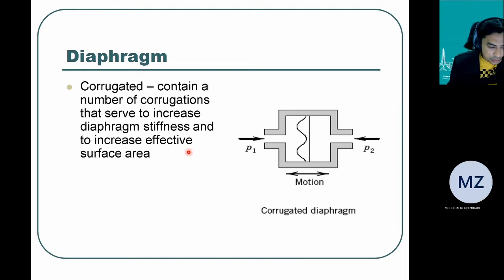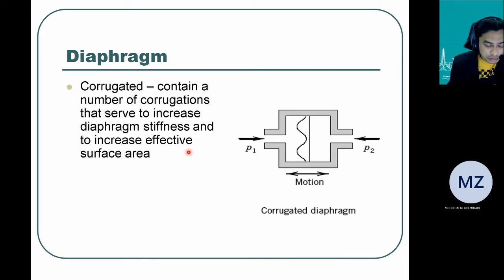So this is one example where the diaphragm is a corrugated diaphragm. It contains a number of corrugations. Its function is to increase the diaphragm stiffness and also to increase the effective surface area. So it might be more sensitive and better in terms of giving a large amount of motion due to the pressure.